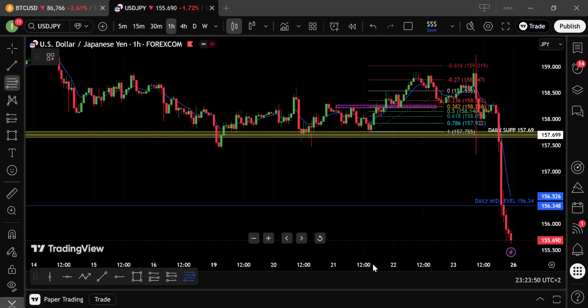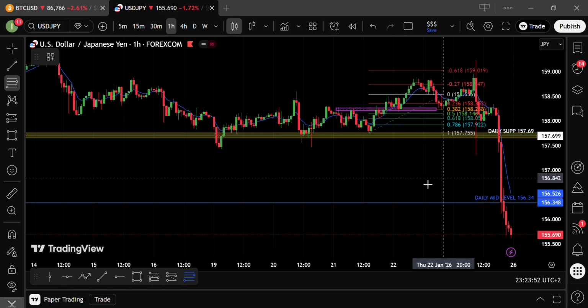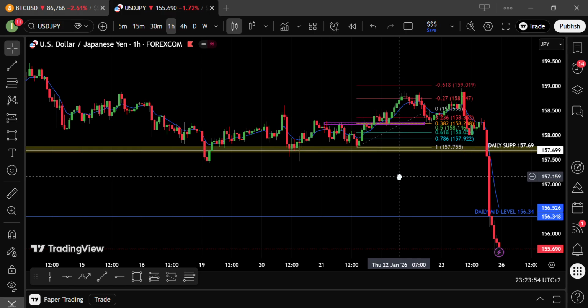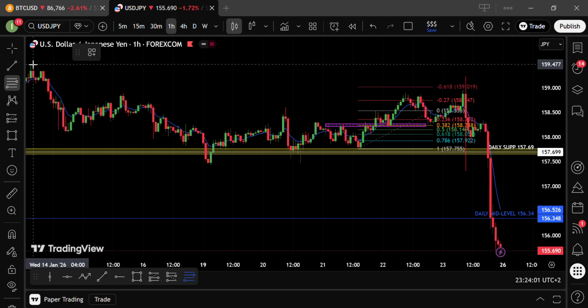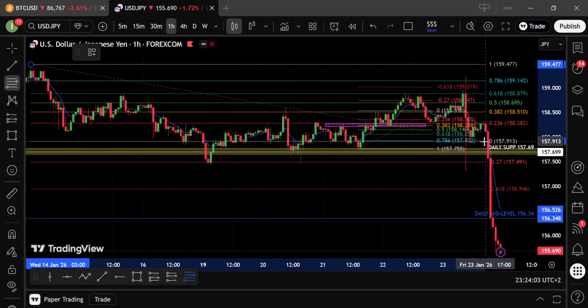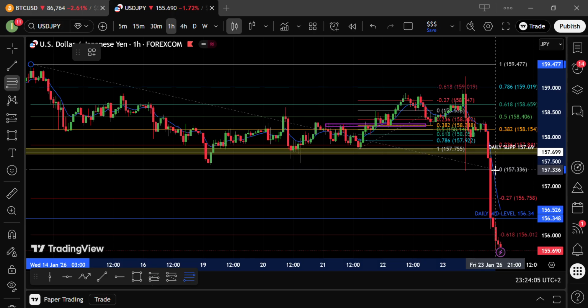Let's say maybe this part was left out, and then you resize it so that you can fit the Fibonacci. Remember what I said, swing high to the lowest swing.